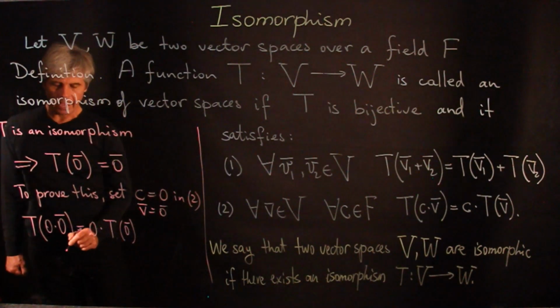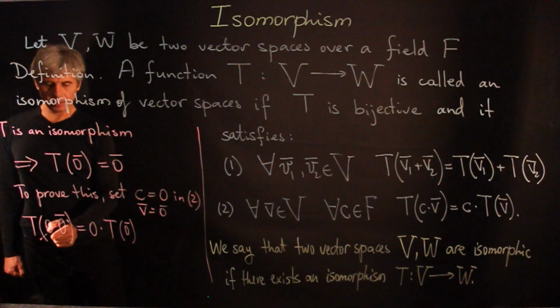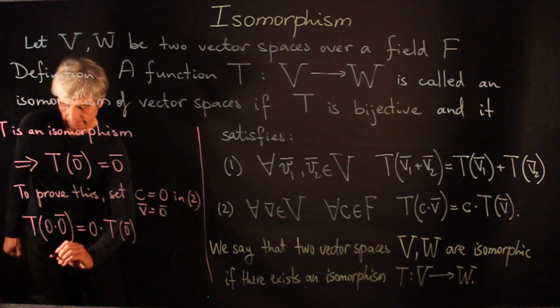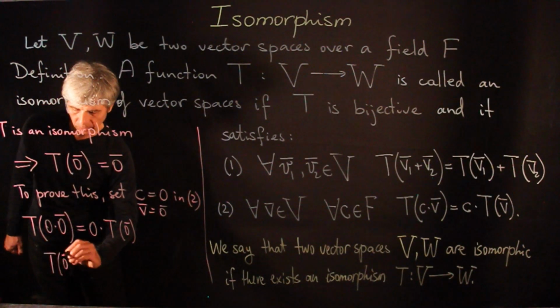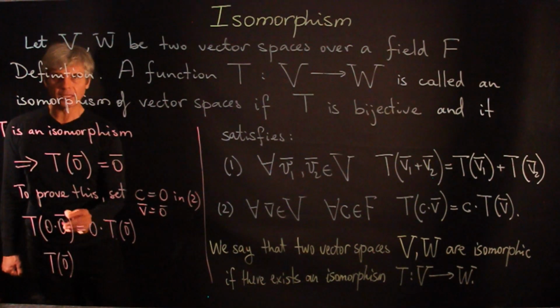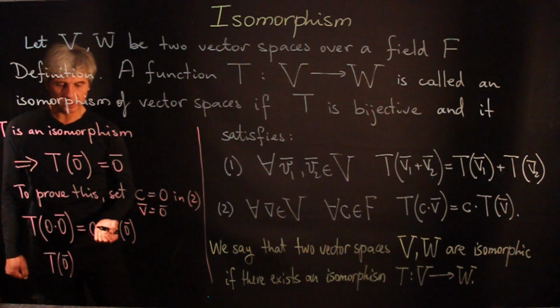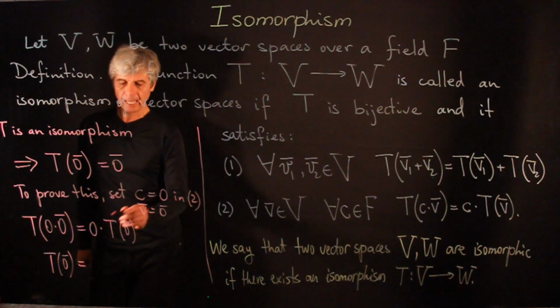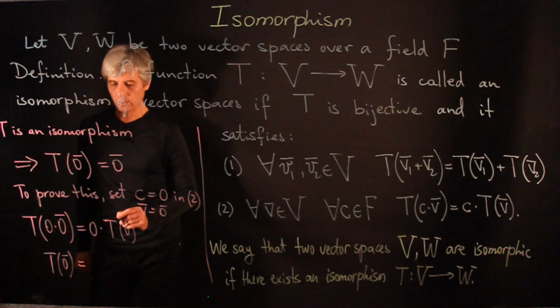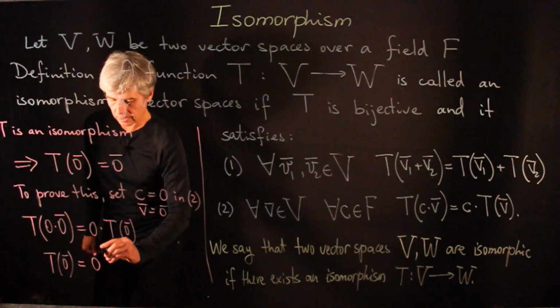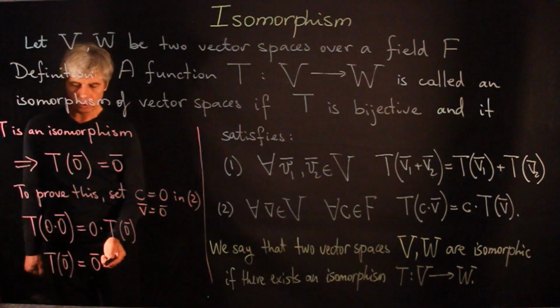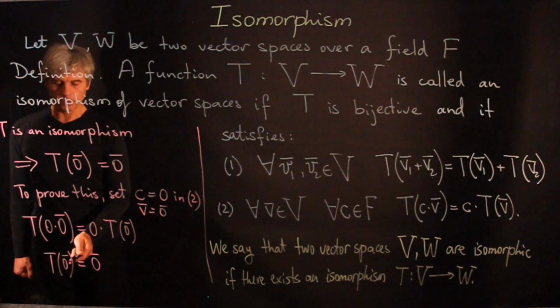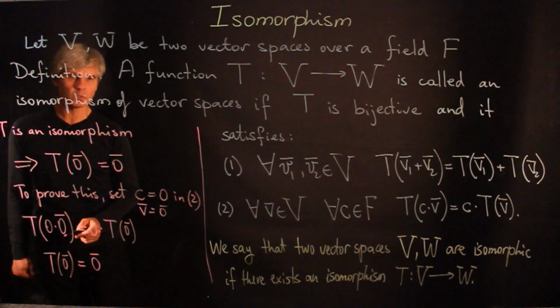And then on the left, we have T of a 0 vector, since if we multiply 0 vector by 0 scalar, we still have 0 vector. And on the right, if we have any vector and multiply it by 0 scalar, then we know that the result is a 0 vector. And so this shows that T transforms a 0 vector into a 0 vector.